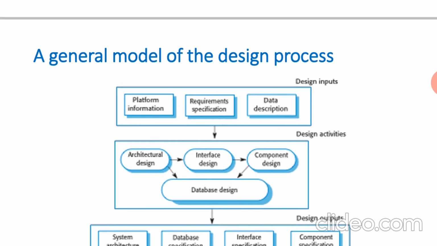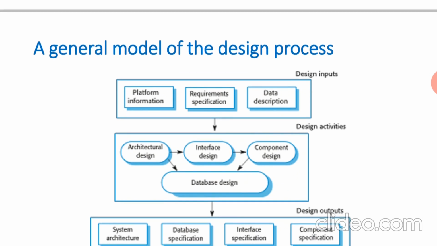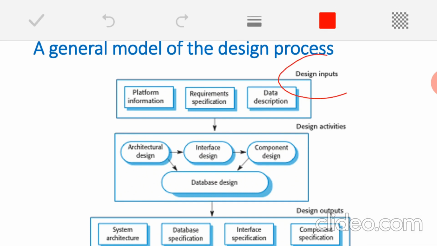In the diagram, if you observe, what are the different inputs that we are going to consider for this design process? These are the design inputs. What are those? The very first one is platform information, second one is requirement specifications, and third one is data description. These are the three inputs which will act as input for my design process, meaning the design activities.